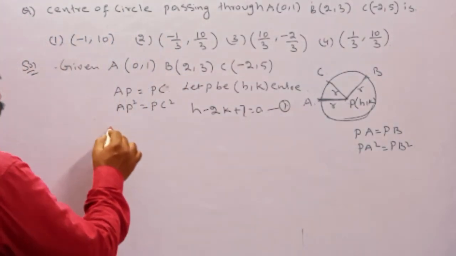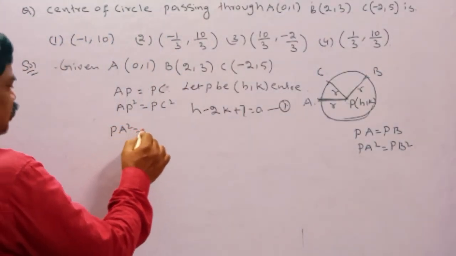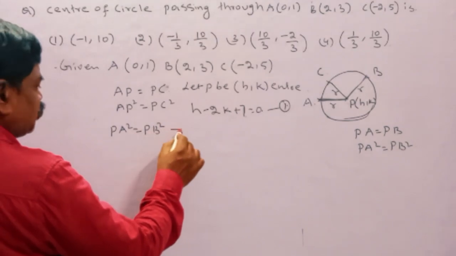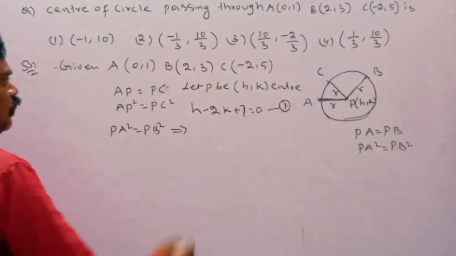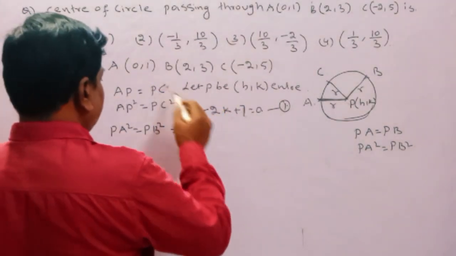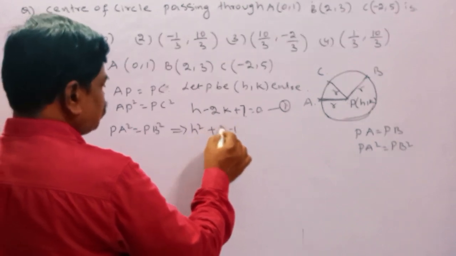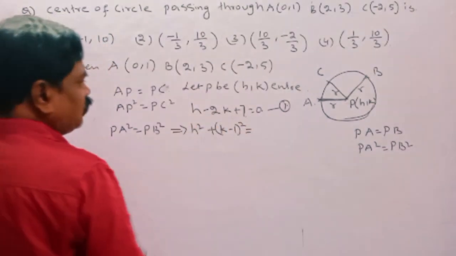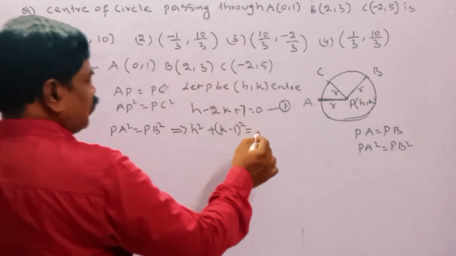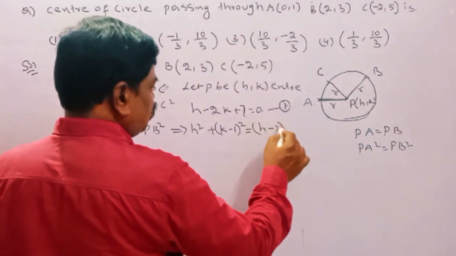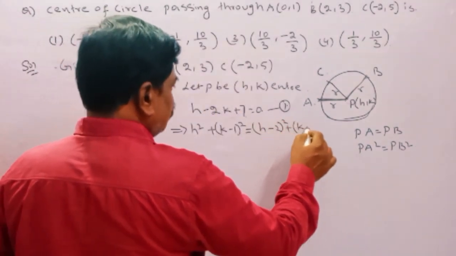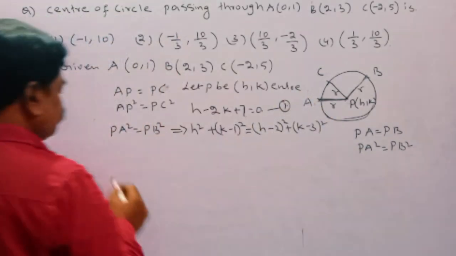And PA square is equal to PB square implies H square plus (K minus 1) whole square is equal to (H minus 2) whole square plus (K minus 3) whole square.